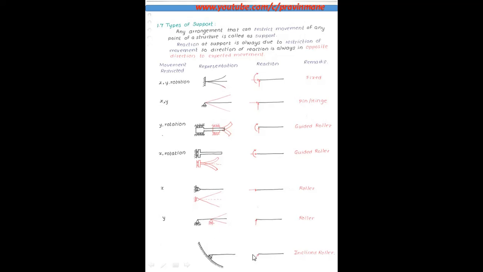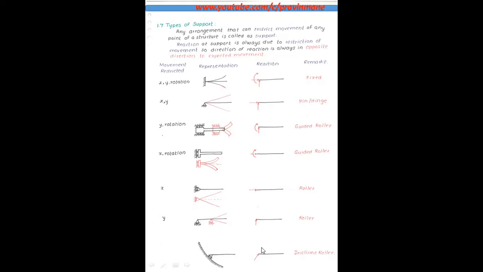So you can resolve this force into 2, and you will get the 2 reactions. So as far as inclined roller support is concerned, 2 reactions are there. For a roller support there is only 1 reaction, but as this is an inclined support, this reaction is inclined. So there are 2 reactions.